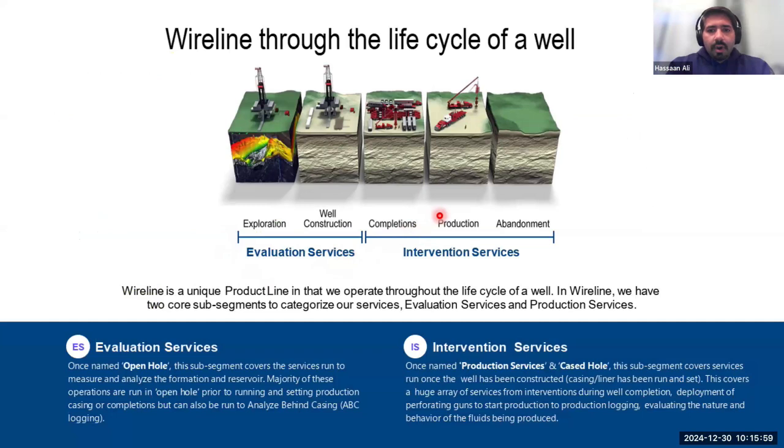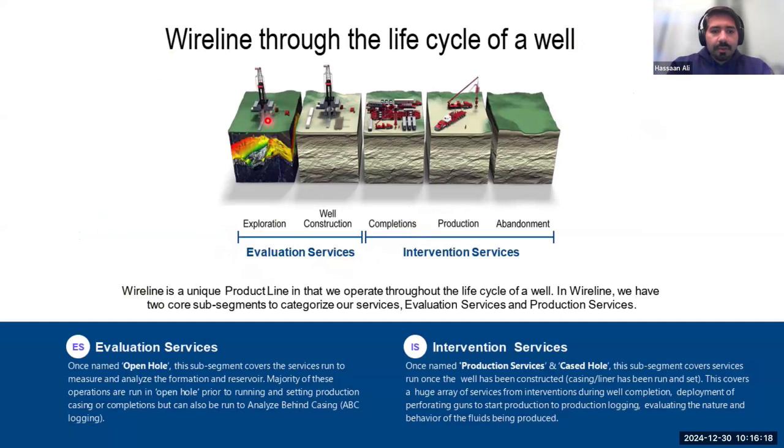So, wireline throughout the life cycle of the well. This is a bird's eye view of where different types of wireline services are located and what is the importance of those services across the whole life cycle of the well. And you can see right over here, this is the entire life cycle of the well.